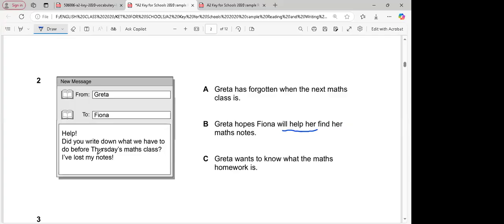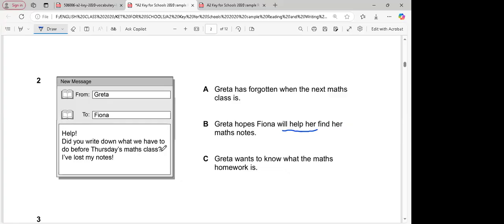Because she has lost her notes, she doesn't ask for any help. It's mentioned about the maths notes, but mentioning maths notes doesn't give the answer. You have to read and understand because there can be false information given, which is not mentioned. Now what is the answer, Gayami, then?